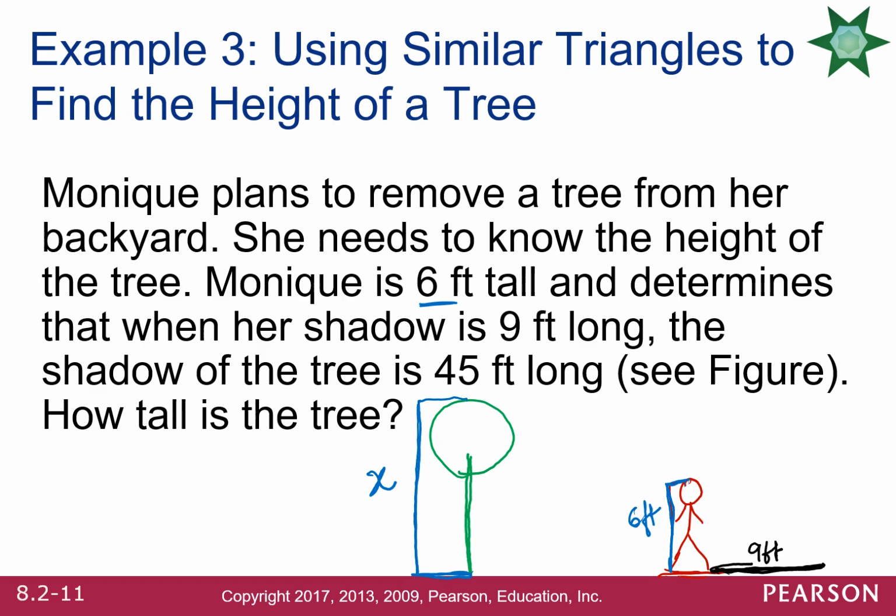And then the shadow of the tree at that same point in time is 45 feet long. So let's draw the shadow of the tree like this. All right, and that's 45 feet long. 45 feet, sorry, not 4 feet, it's 45 feet.